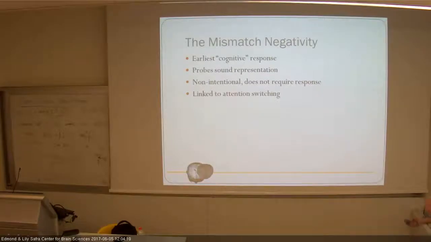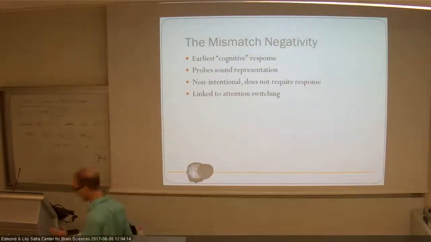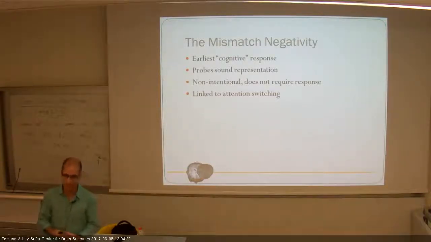Now, the nice thing about this response is that it gives us an index of how the brain, or the specific sources of activity, compute a model for the environment of what is regular, and how they determine what is irregular.